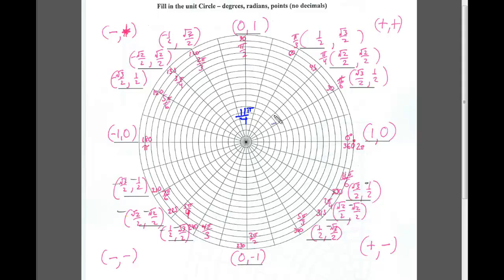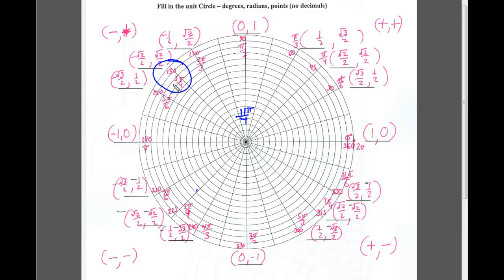So this is 1, 2, 3, 4, 5, 6, 7π over 4, and this is 8π over 4, then 9π over 4, 10π over 4, and 11π over 4 is right here at 135 degrees. So that's 11 45 degree marks to get to 135 degrees. So this is where I'm going to get my sine and cosine.